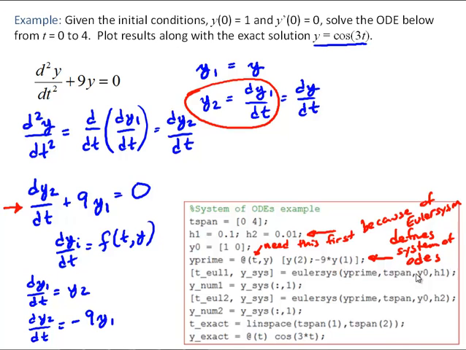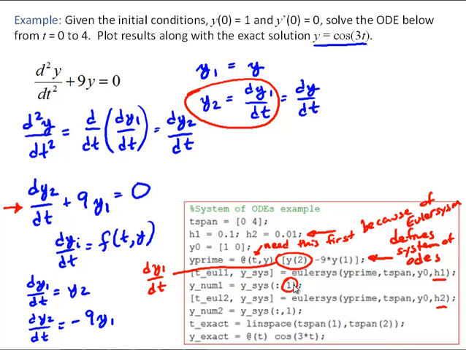Then we will call the Euler-Sys function for each of these values of h, h1 and h2, and in each case extract the first column of the matrix, which will give us our solution for y1, since the first element in defining y prime was our dy1 dt.